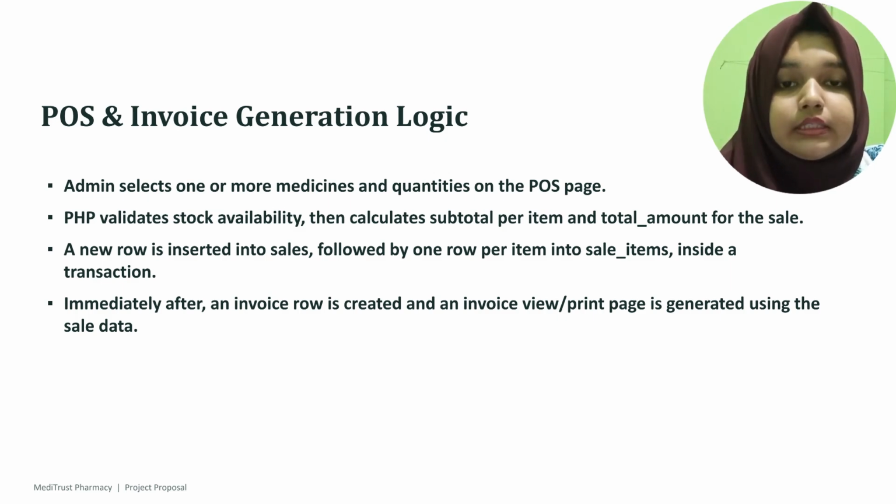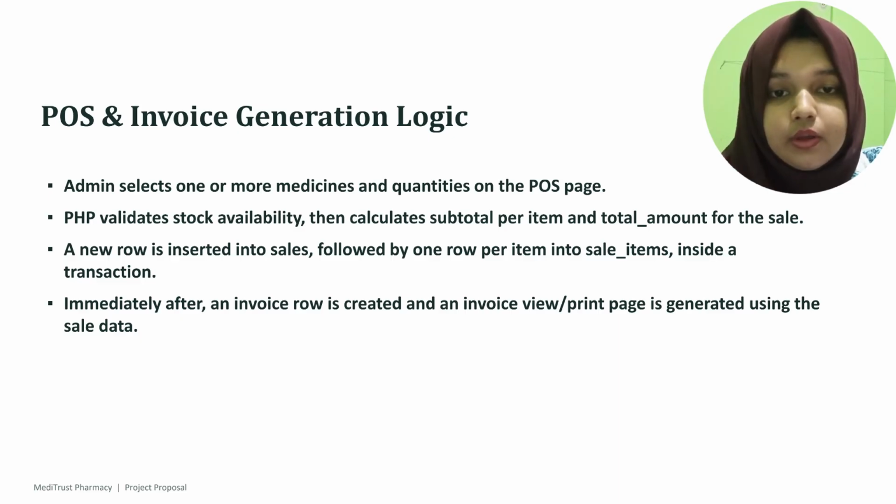Now, POS and invoice generation logic. Admin selects one or more medicines and quantities on the POS page. PHP validates stock availability, then calculates the subtotal per item and the total amount for the sale.